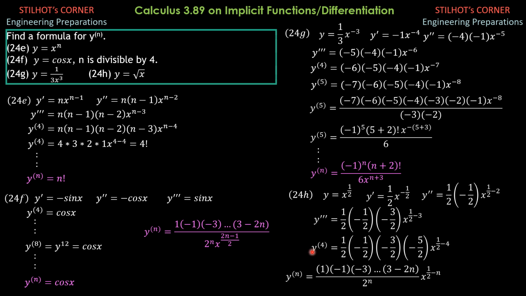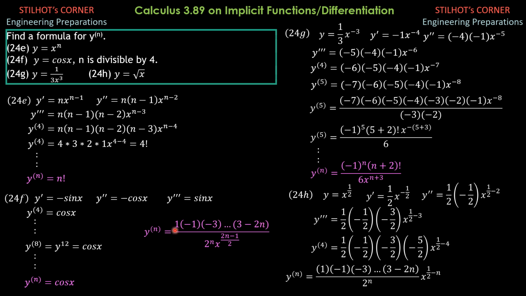So to check if n is 1, then this is the only entry here. Because 3 minus 2 times 1 is 1. So that means this is the only numerator. These are not included.